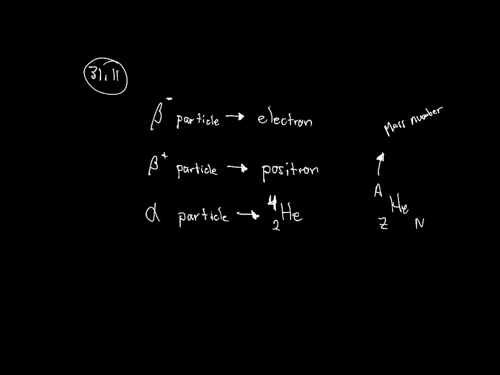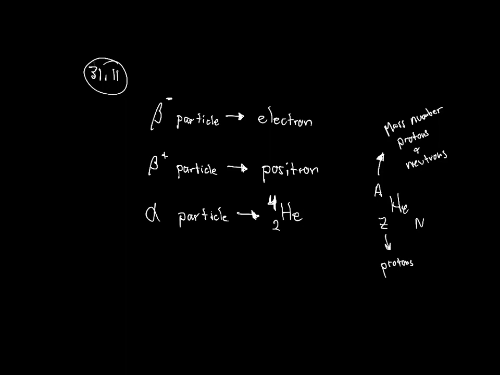And what is the mass number? How do we get to it? Number of protons plus the number of neutrons. What's Z? Number of protons. It's also the atomic number, the number that you use to find the element in the periodic table.